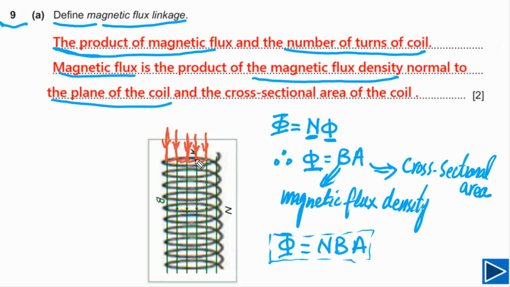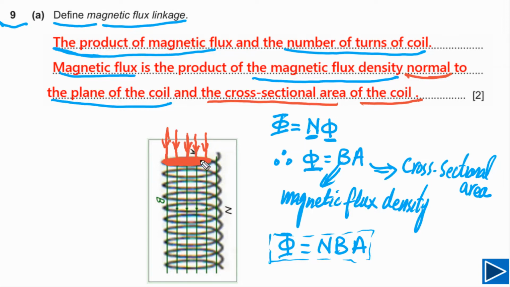This one is the plane of the coil and normal to the plane of the coil. This part is very important and this one has one mark. And the next one, cross-sectional area of the coil. So this is how you can define magnetic flux linkage.